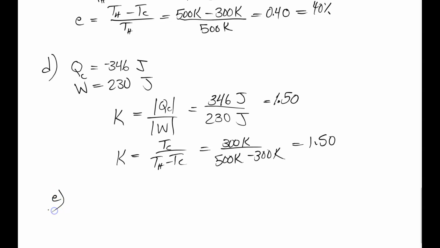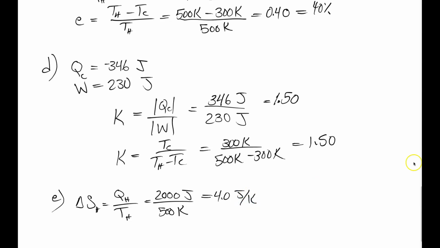E is asking for the change in entropy during one cycle, and the change in entropy is given by the heat over the temperature. For the high reservoir, that is 2000 joules over 500 K, which is 4.0 joule per Kelvin.